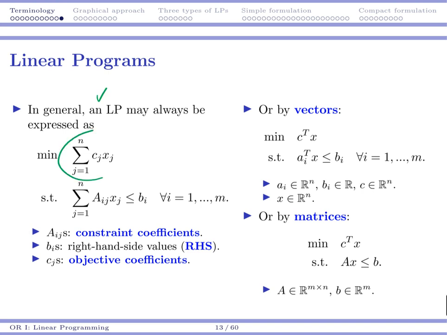We are trying to minimize a linear function. So we may write it as c1 x1 plus c2 x2 plus dot dot dot plus cn xn. In that case, we may use this summation notation, and cj are the objective coefficients. We call them objective coefficients because they are the coefficients in the objective function.